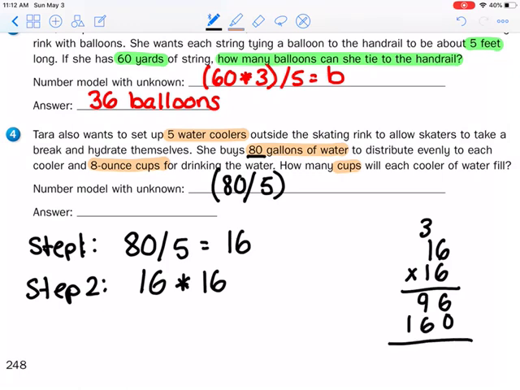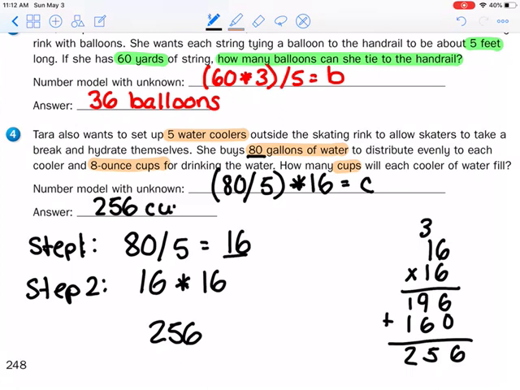And 1 times 1 is 1. 9 plus 6 is 15. Carry the 1. So you get 256 cups. So we have to add that multiplying by 16 to our number model. So 80 divided by 5 was 16. 16 times 16 gave us the amount of cups that she needed, which was 256 cups.